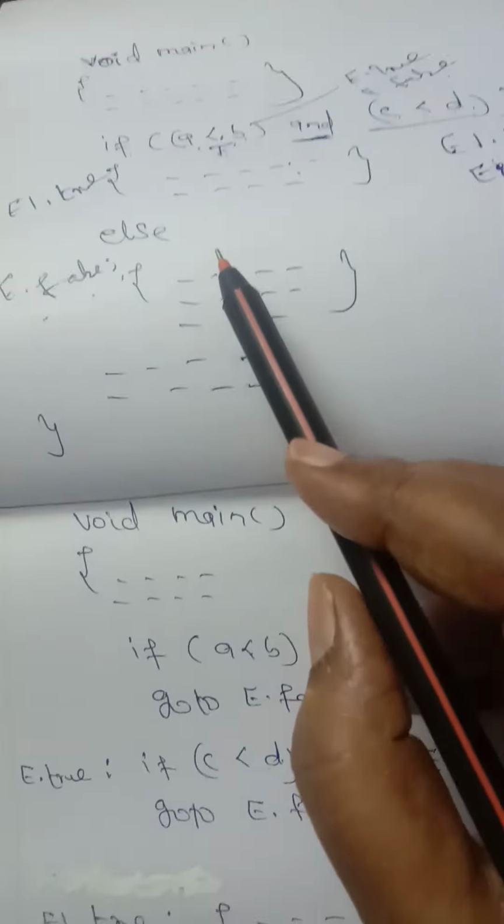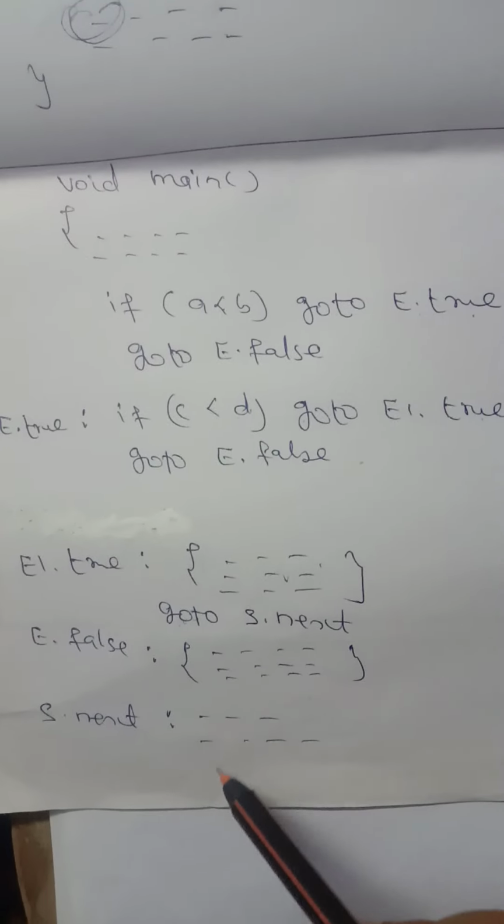So if A less than B, go to E dot true. In E dot true we have to check whether C less than D or not. Again if the condition is satisfied, we execute the E1 dot true part, and then we execute the normal statements of the given program. So for that we go to S dot next, the remaining statements of the program.